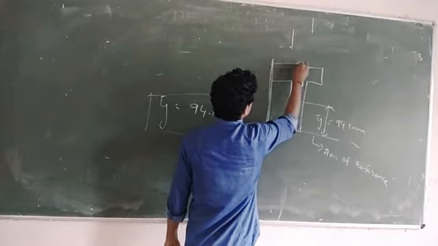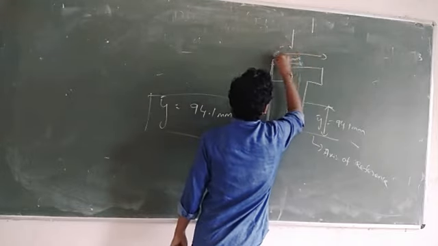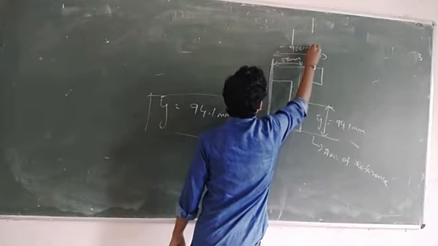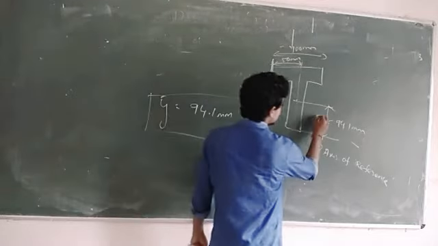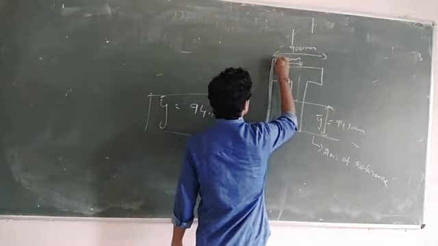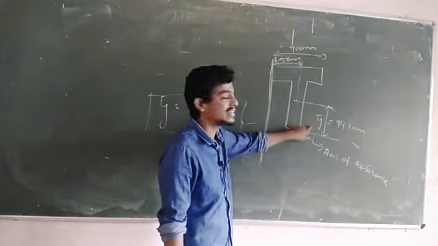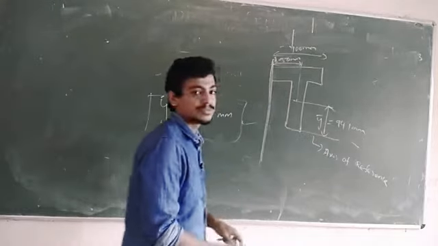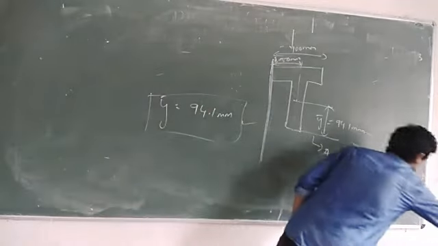So the distance will be 50 mm, because the total is 100 mm, so half of it is 50 mm. This is our y coordinate, 94.1 mm. This is our x coordinate, so I can denote it x bar. It is 50 mm, it is 94.1 mm. So this is your answer. I hope you understood this problem.